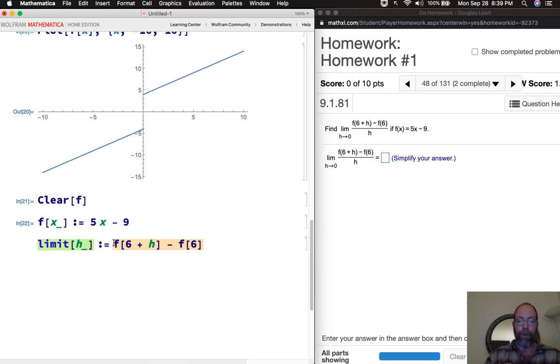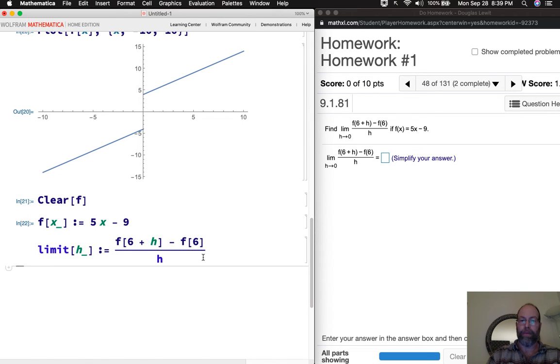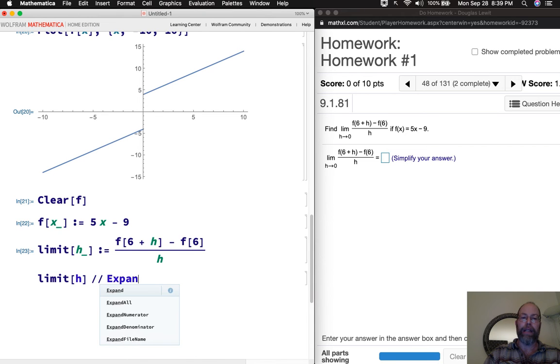The whole thing, highlight the whole thing, control divide by h. Shift enter. Limit h expand.